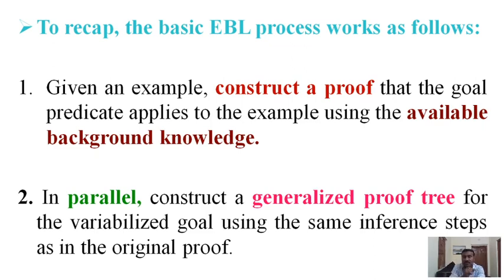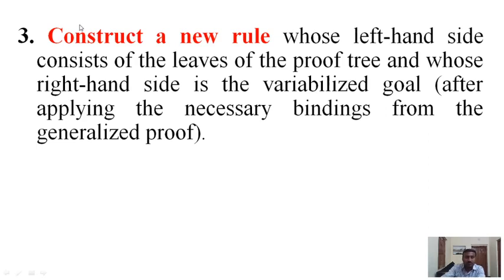We already saw that diagram, the tree structure; the same type of proof tree is to be constructed. Third, after constructing the proof tree, construct a new rule whose left hand side consists of the leaves of the proof tree and whose right hand side is the variabilized goal. So first you identify the example and construct the proof, second, in parallel you construct the proof tree, and after that you construct new rules.